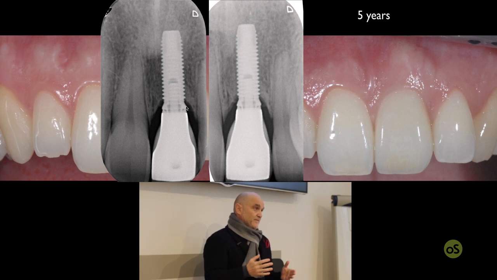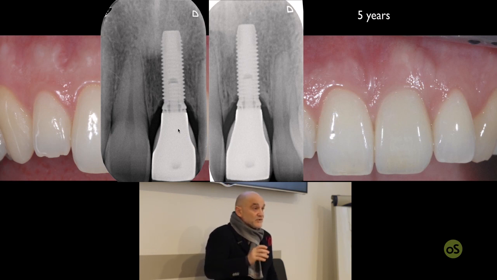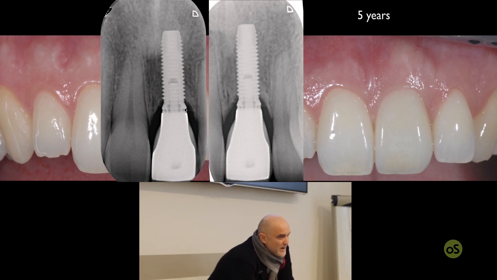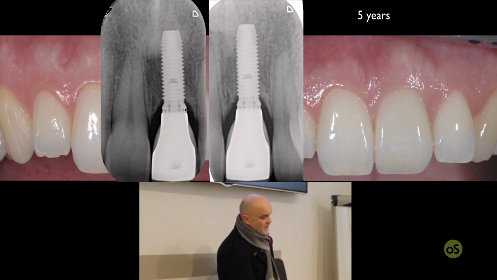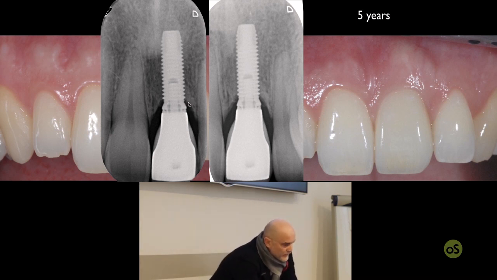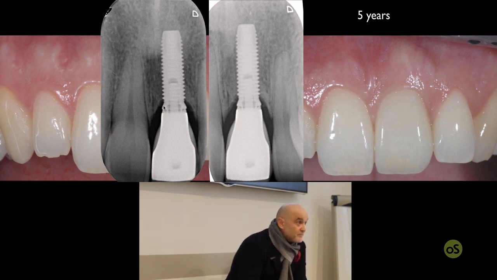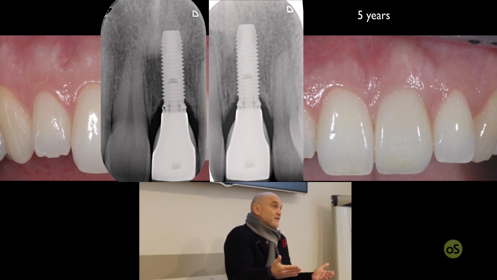And this is obvious because if you use a bone level implant, if you unscrew the crown, also one time for conditioning the soft tissue, the only area where the biological width, which means connective tissue adhesion, can form is thanks to bone resorption. So the bone here most probably resorbed, not because of a problem of the bone, but in order to give the 1.2 millimeters of connective tissue adhesion, which forms coronal to the bone crest.